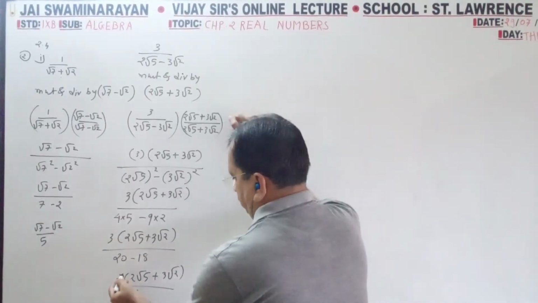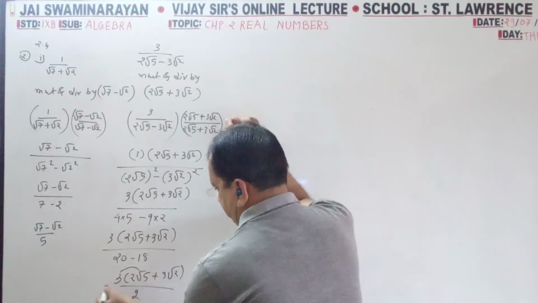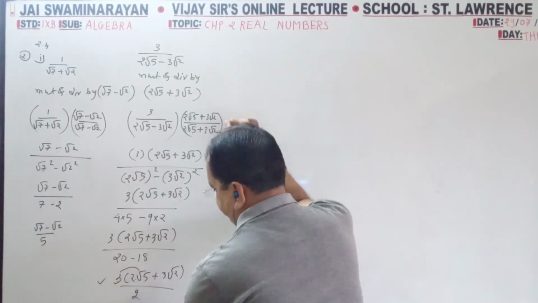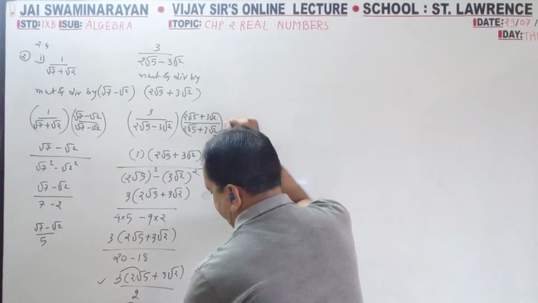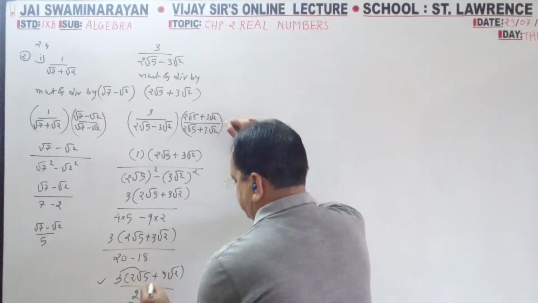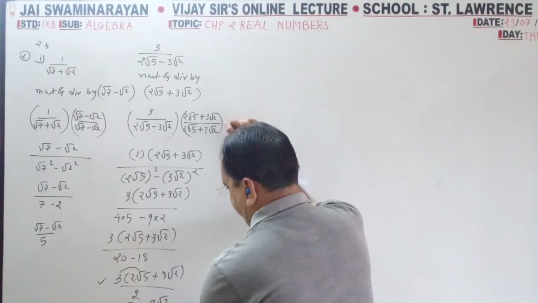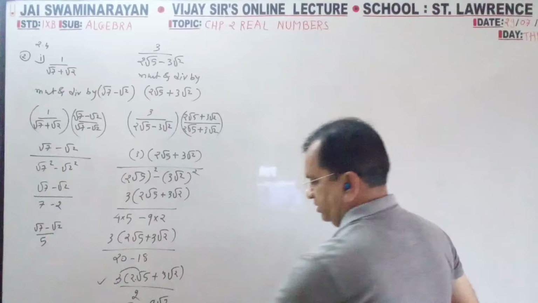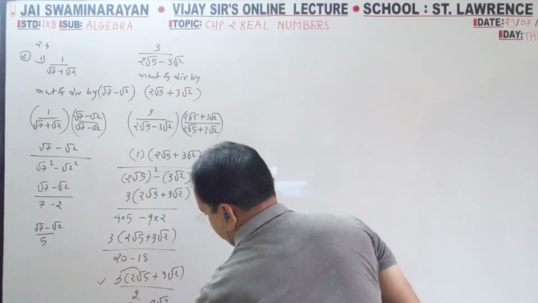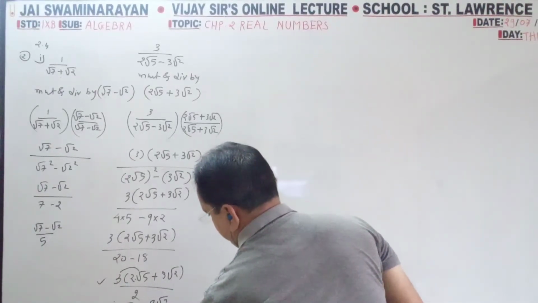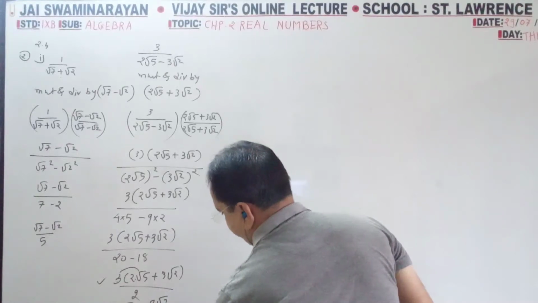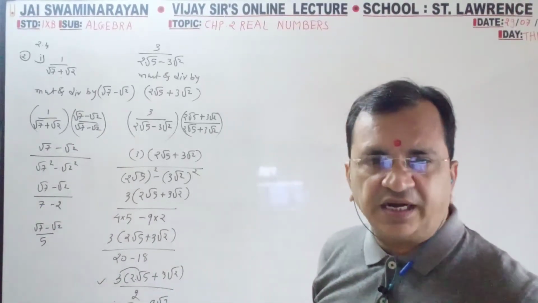Suppose you want to simplify more, you can do this also. 3 twos are 6 root 5 divided by 2. 3 threes are 9 root 2 divided by 2. This you can simplify more: 3 root 5 plus 9 by 2 root 2. I think that is visible now.